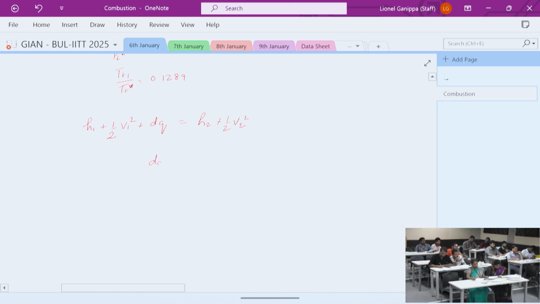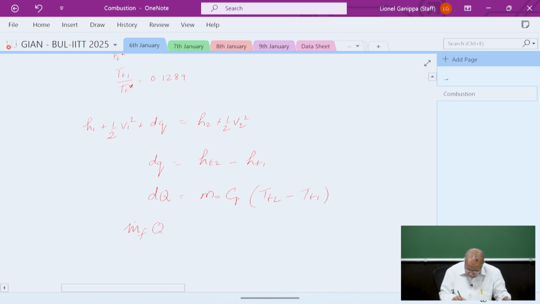So dQ is equal to HT2 minus HT1, or dQ is equal to m dot O into Cp into Tt2 minus Tt1, and this is equal to m dot F, heat of reaction, into efficiency of the burner. This is the full energy equation.